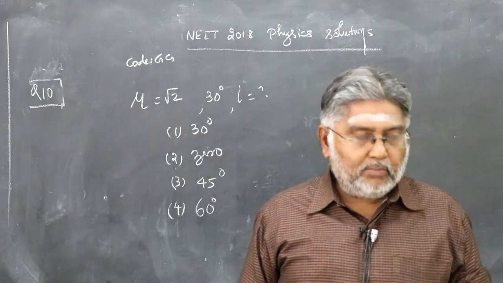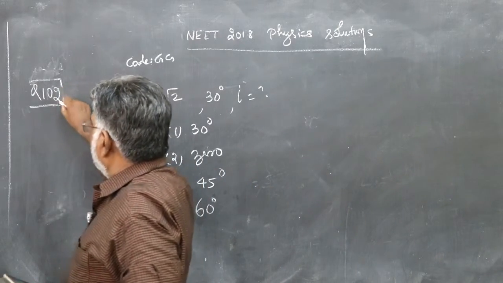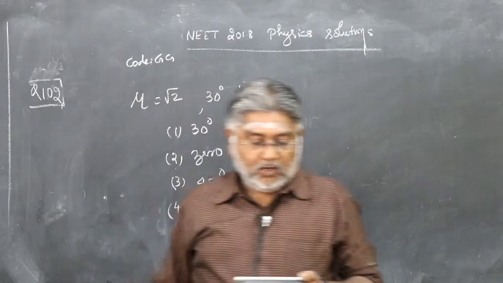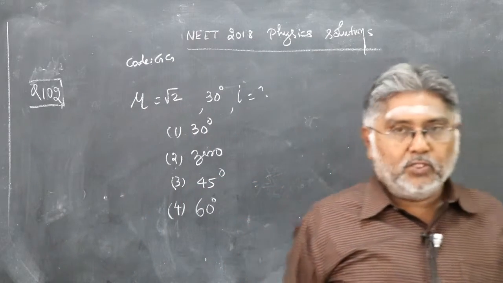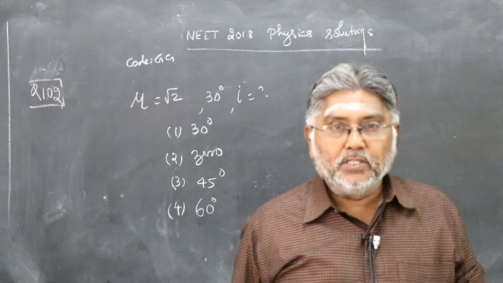Next question, question number 102. The refractive index of the material of the prism is root 2 and the angle of the prism is 30 degree.